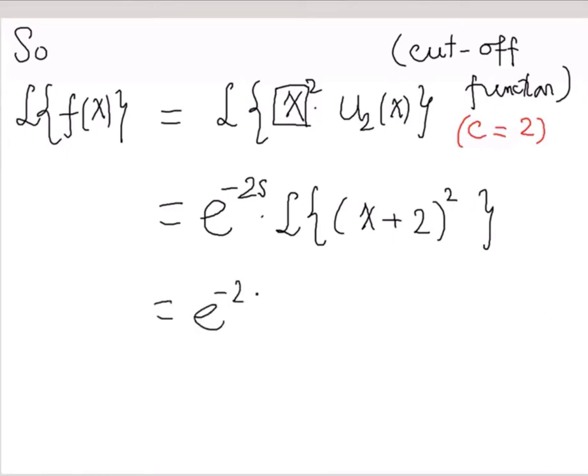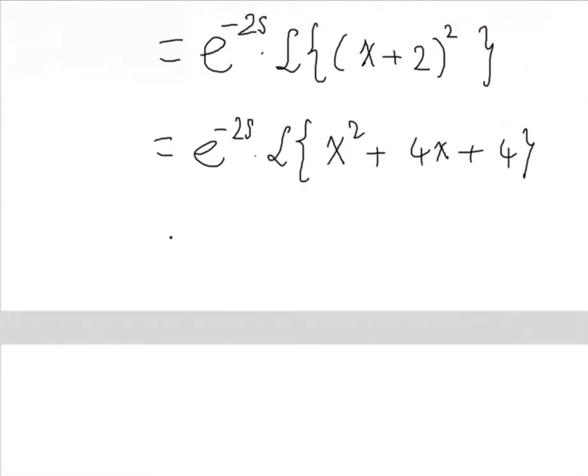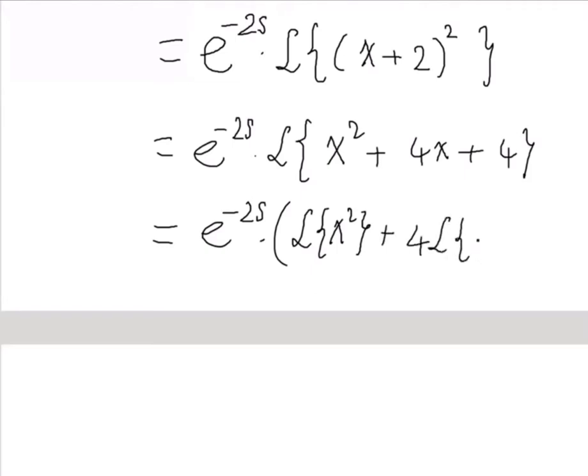And once we have that, we can distribute to get x squared plus 4x plus 4, and then we use the linearity of the Laplace transform: e to the minus 2s times Laplace transform of x squared plus 4 Laplace transform of x plus Laplace transform of the constant 4.